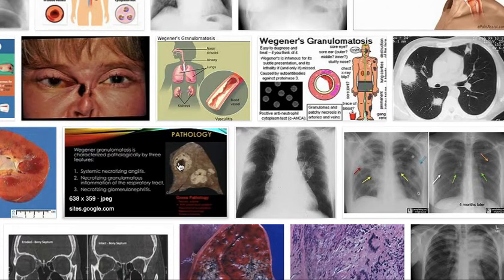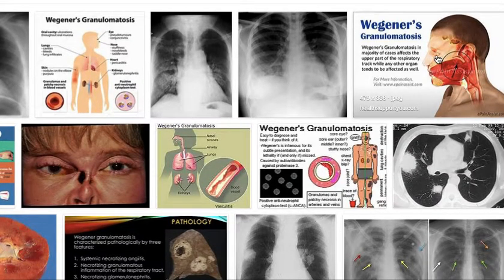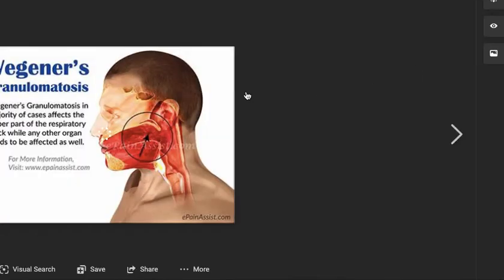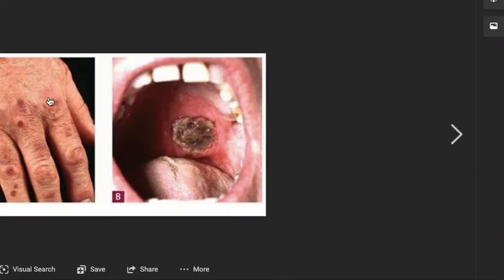And here they are showing you some pathology, and here they talk about some respiratory system being affected. Okay, here they are again showing you some mouth ulcers with some skin findings.